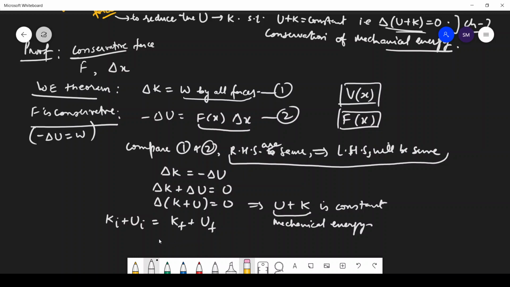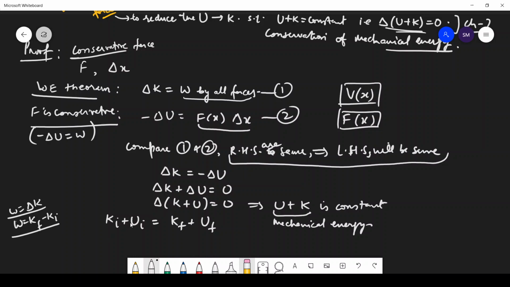And further, you can write it as, so work energy theorem again you will be dealing with, so that's equal to kf minus ki, right? Work done is equal to change in kinetic energy.